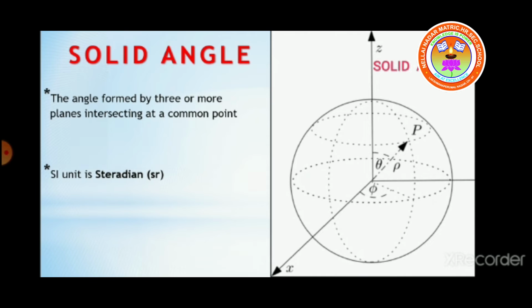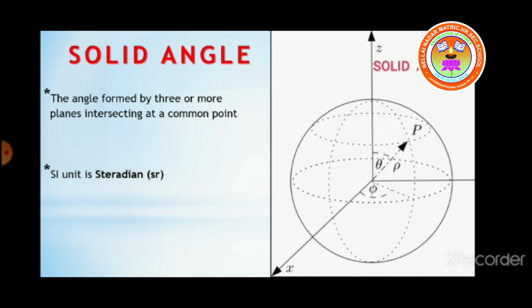Let us consider this figure. The three planes, the x, y and z planes, are intersecting on a circular object. Here theta is taken as a plane angle.